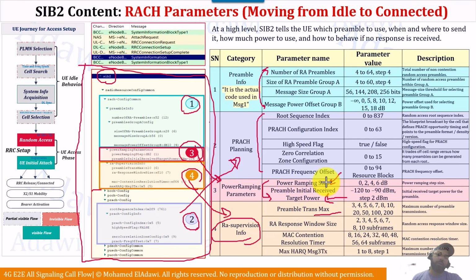Also some timers related to waiting, for example, for MAC contention resolution, which is message number 4, or the random access response, which is message number 2.